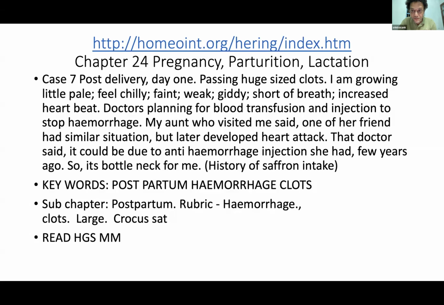Now, passing huge size clots. I am growing a little pale, feel chilly, faint, weak, giddy, short of breath, with increased heartbeat. Doctors are planning a blood transfusion and an injection to stop the hemorrhage. And my aunt who visited me said one of her friends had a similar situation but later developed a heart attack.